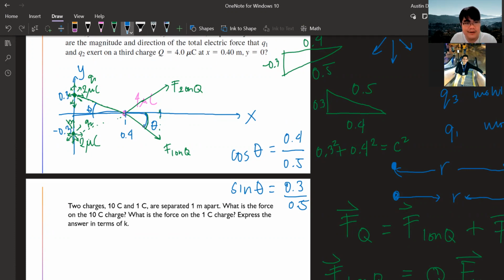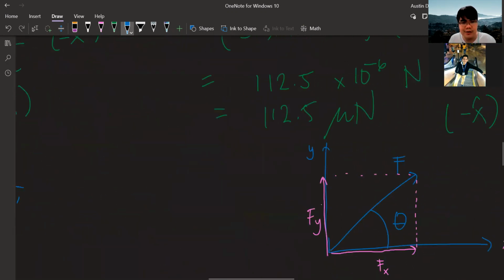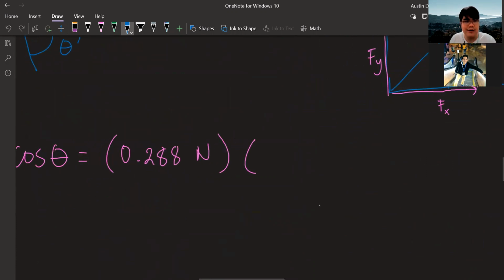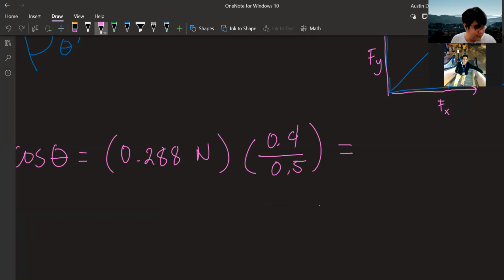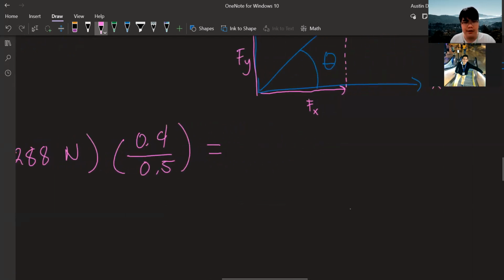Which is similar to this guy. Positive pa rin yan. So no problem on cosine. So 0.4 over 0.5. And this gives you 0.2304.